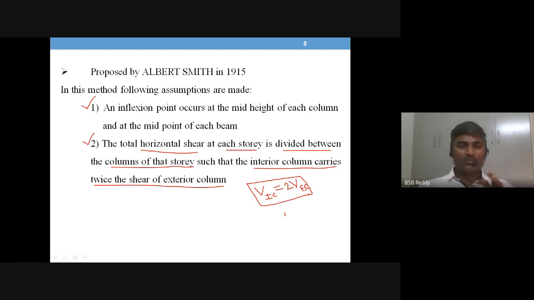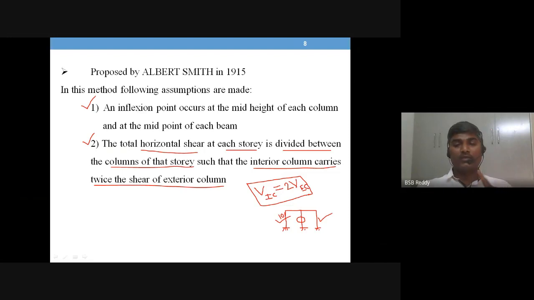For example, what is an exterior column and what is an interior column? Let us take a 2-bay single story structure. These are exterior columns, and this is the interior column. Just for example, say the exterior column shear is 10 kilonewton.